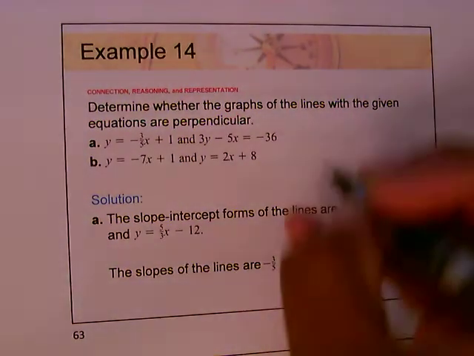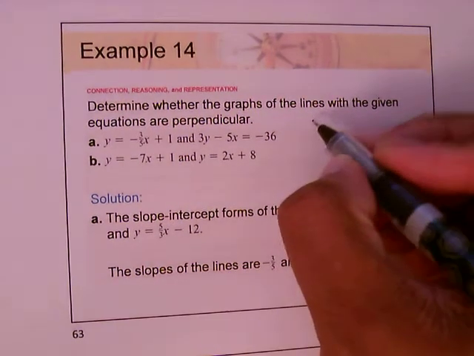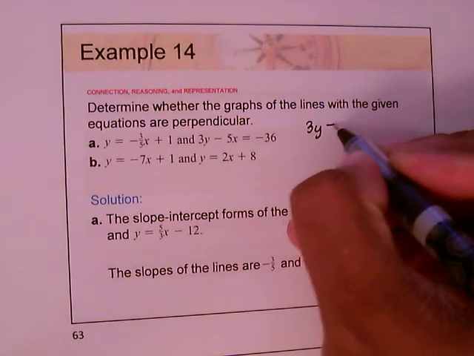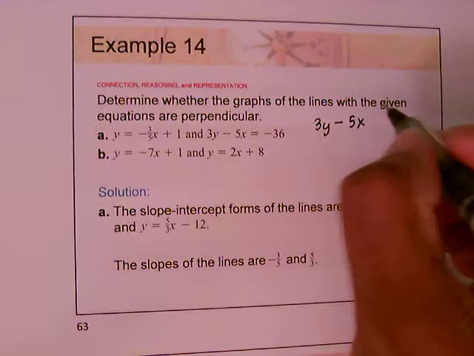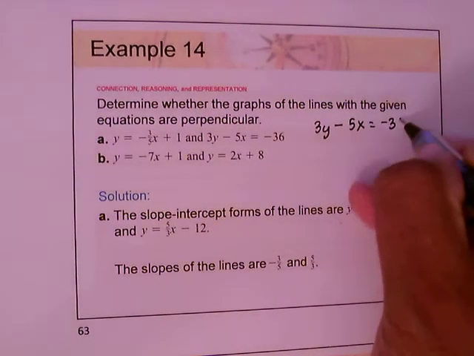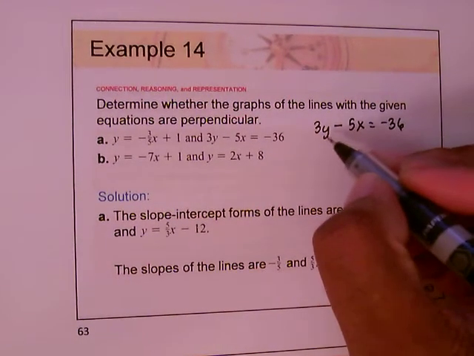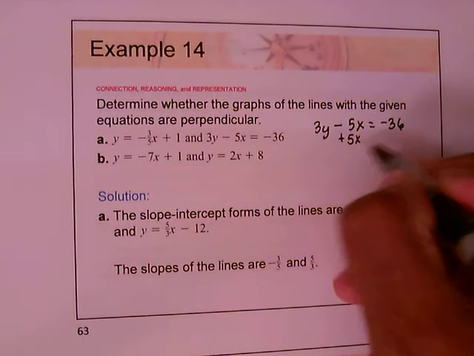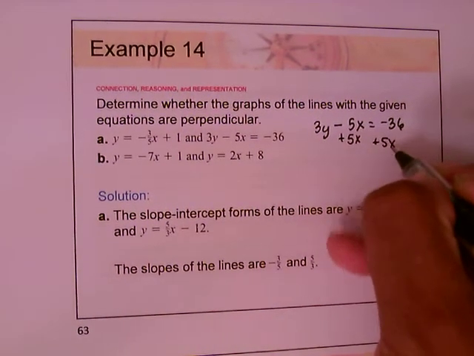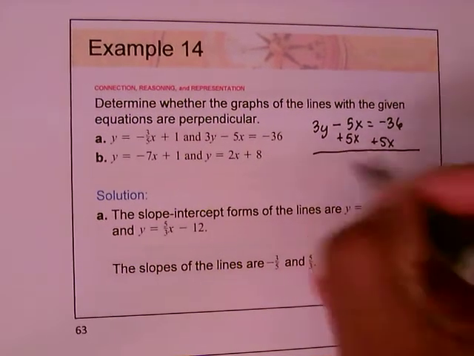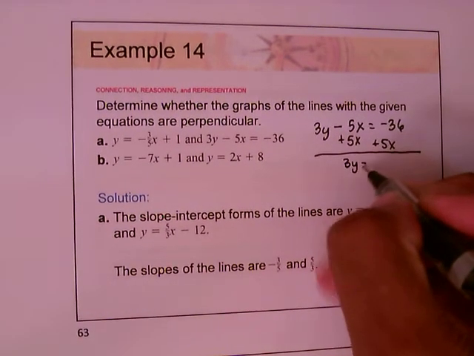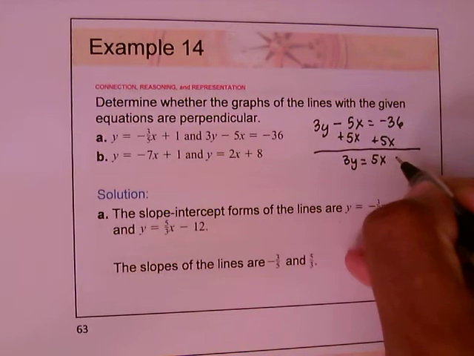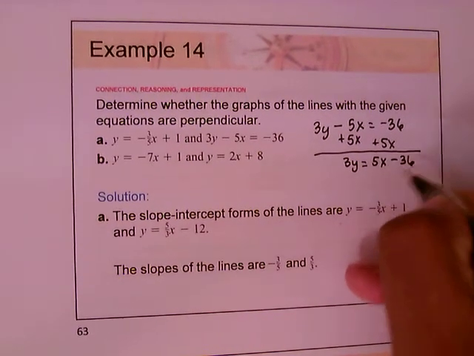I'm going to do this off to the side so you'll see what they did here. So to get the 3y by itself, we're subtracting 5x, so I need to add 5x. That means I get 3y is equal to 5x minus 36.